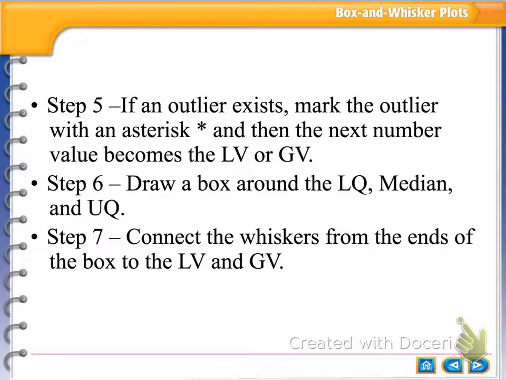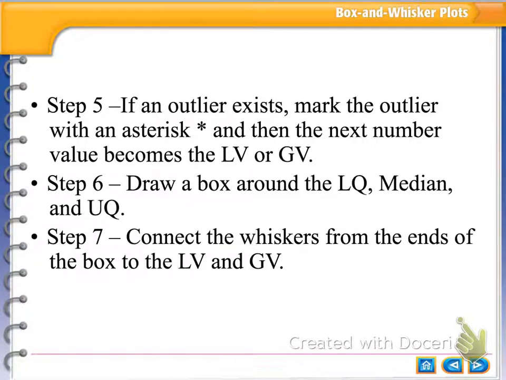So for instance, if my highest values in my data set were 20 and 21, if 21 was an outlier, then I could no longer use it as my greatest value. It could not be used as my maximum. So I would have to move my maximum to 20 instead of using 21, because 21 would have a star on it because it would be an outlier.